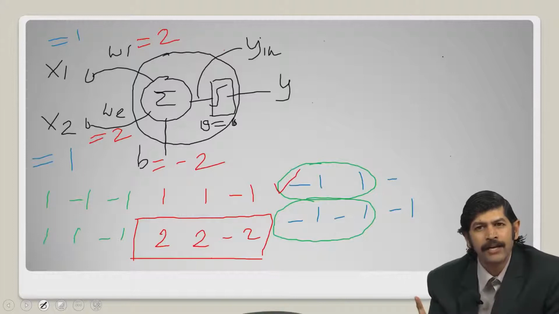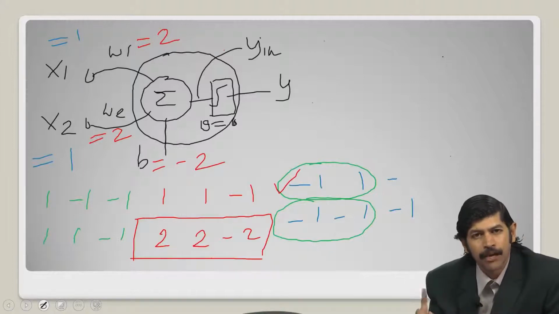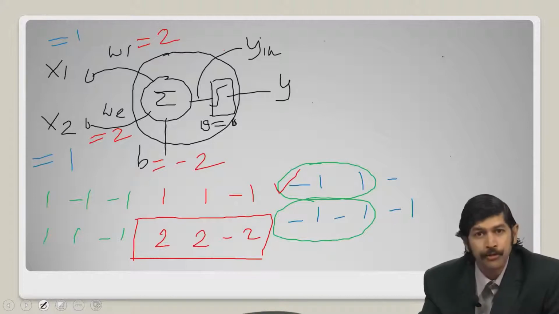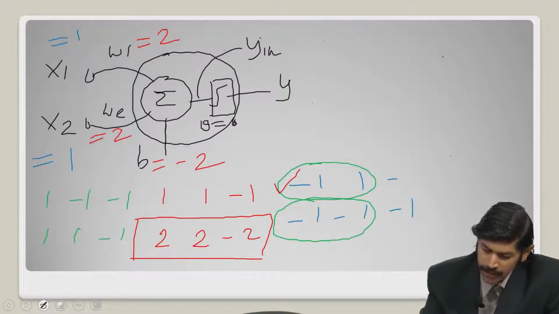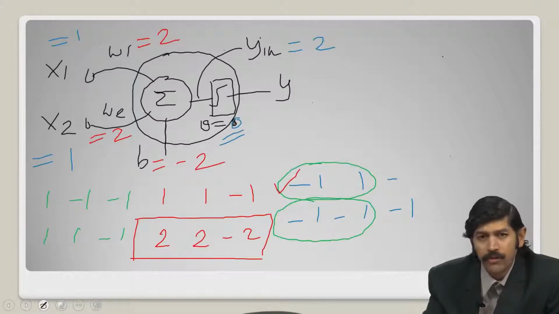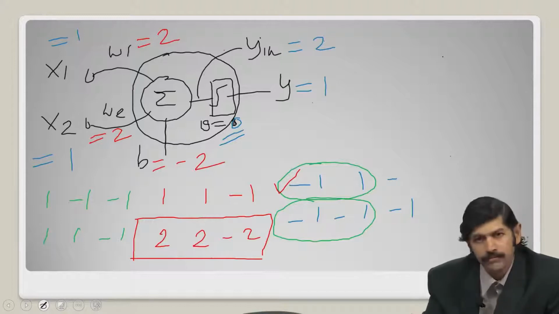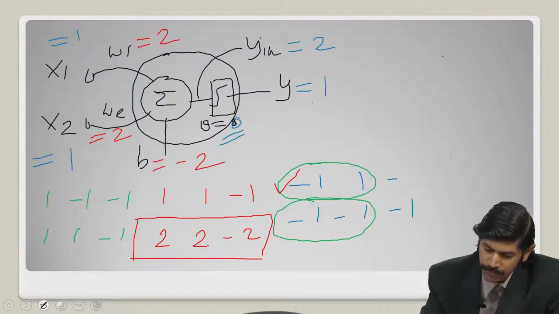Since this is an AND gate, when both inputs are high, the output should be high. So x1 into w1 will give me 2, x2 into w2 will give me another 2, that will get added up, and the bias is minus 2, so 2 plus 2 minus 2, and so the yn produced will be equal to 2. Now this is definitely greater than my threshold value of 0, and so the output produced is going to be equal to plus 1, and so this works.